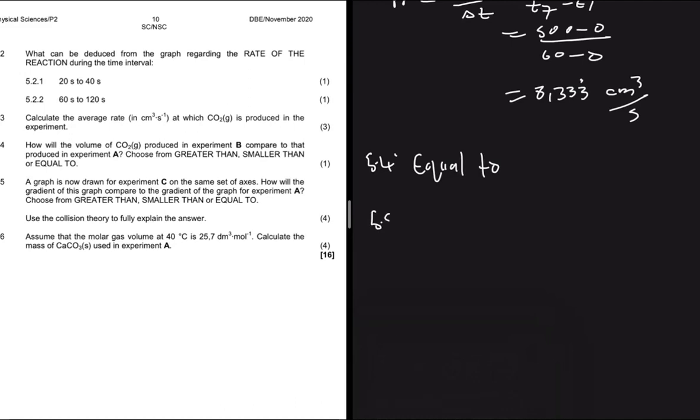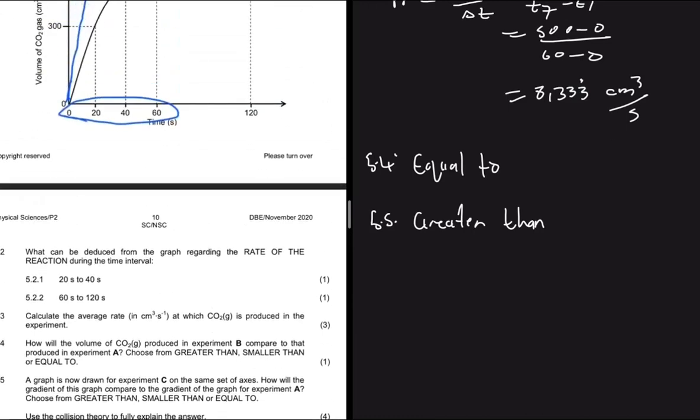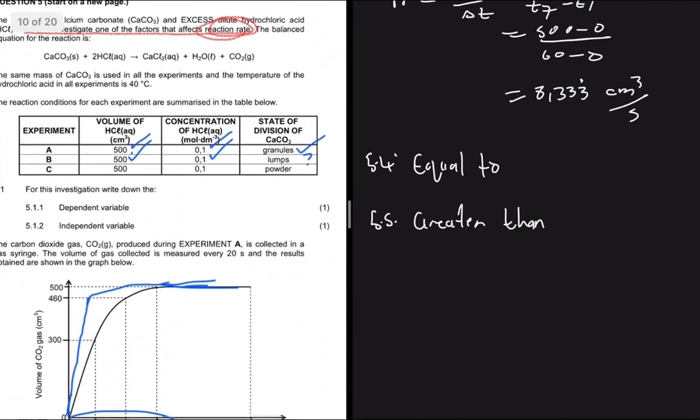So we're going to say that the gradient will be greater than, which sounds a bit weird. It will be greater in value, but it's not very scientific. The gradient will be steeper, yeah, but that's what they want from us, so it's greater than. And they're saying let's back it up using the collision theory. So again, experiment C is powder, and experiment A is granules.